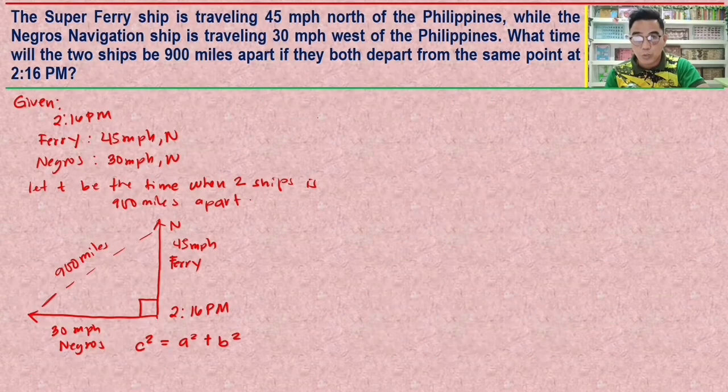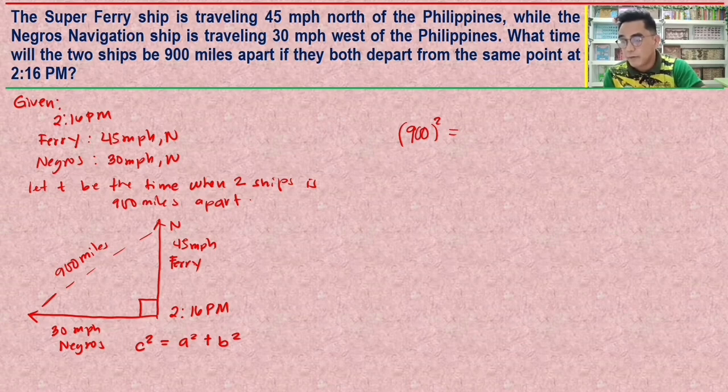We're going to use all the details from how we planned the problem. So let's now use the formula as follows. We know c refers to 900 miles, so we can substitute 900 squared equals a squared, where a could be Negros or it could be Ferry.